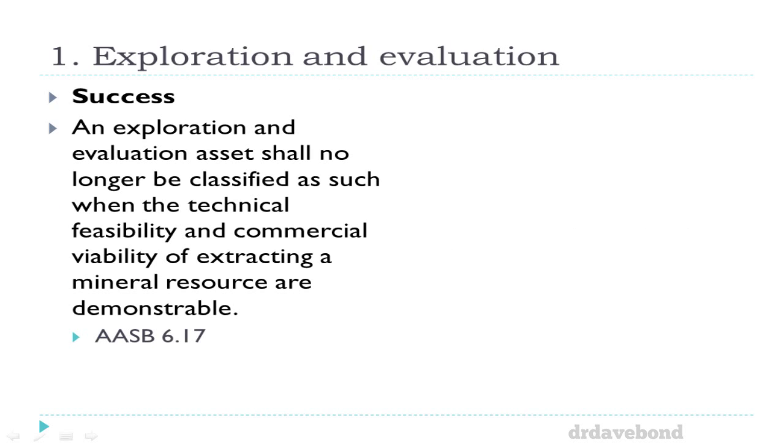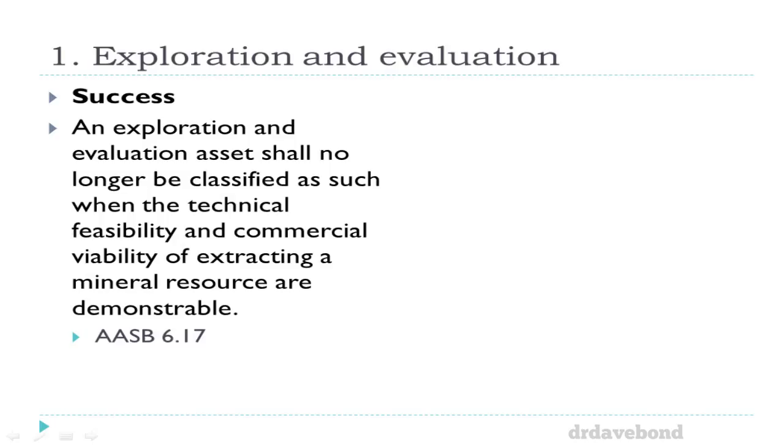Okay, let's say we find something. So paragraph 17 deals with the situation when you have found something. An exploration and evaluation asset shall no longer be classified as such when the technical feasibility and commercial viability of extracting a mineral resource are demonstrable.